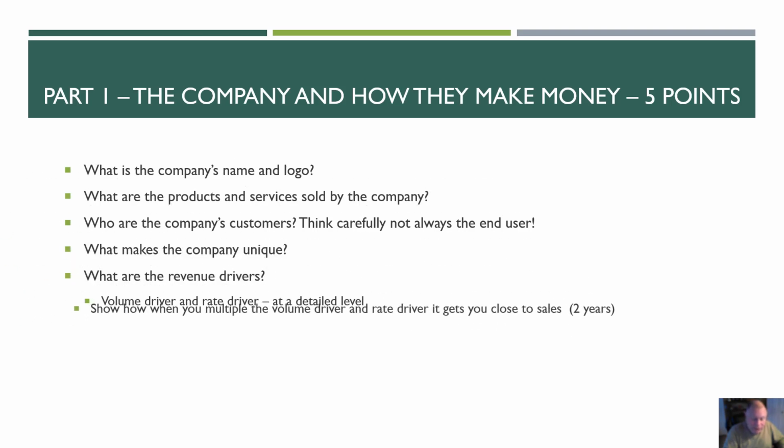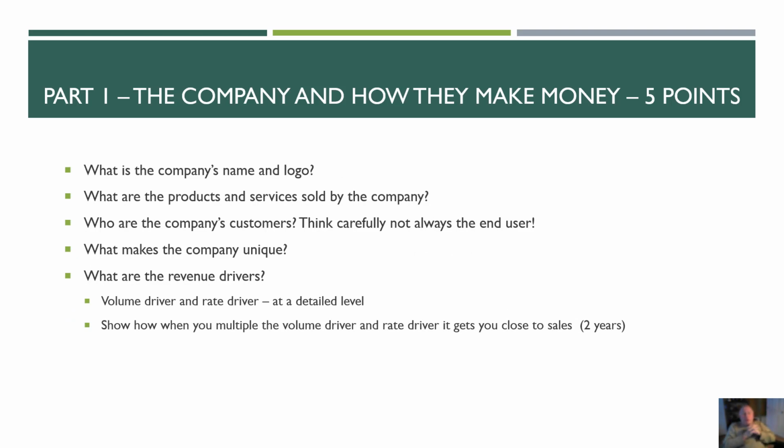These revenue drivers, which we talked about, are probably the most important thing to start with to understand a company. What's the volume? What's the rate? And do it at a detailed level. You can't just do it at the total level. You have to drop down to a specific product, customer line, or customer.